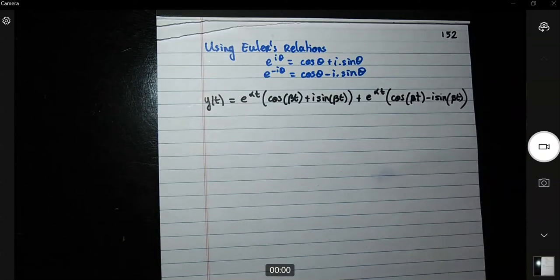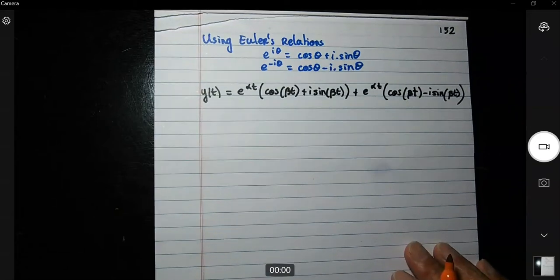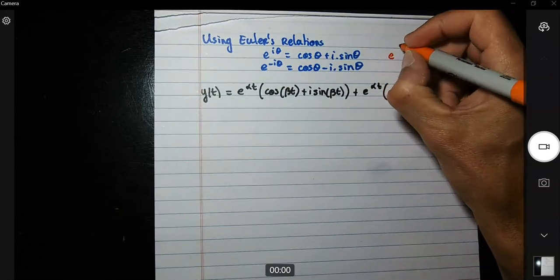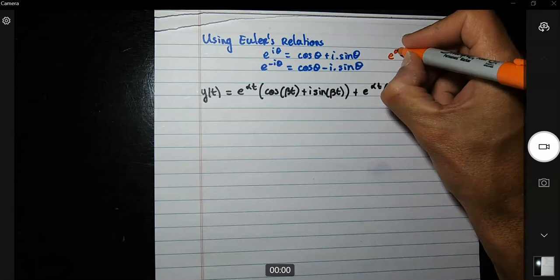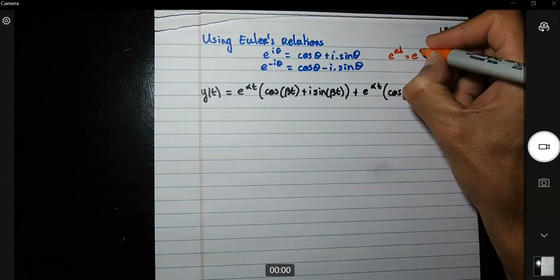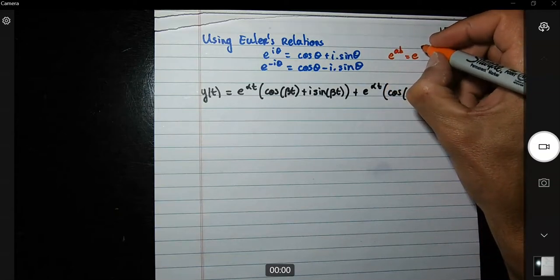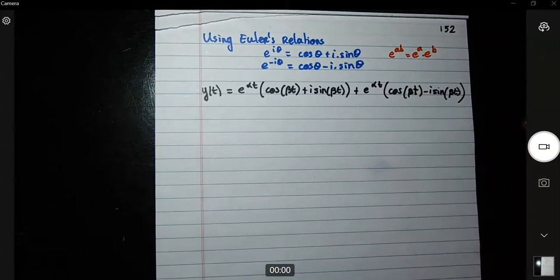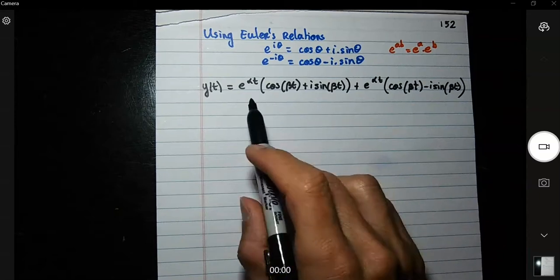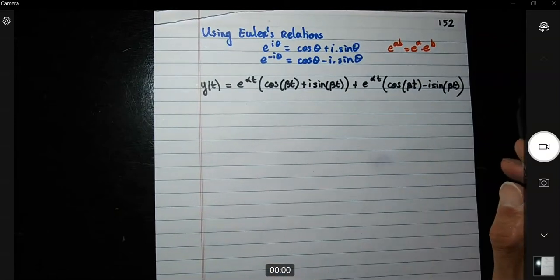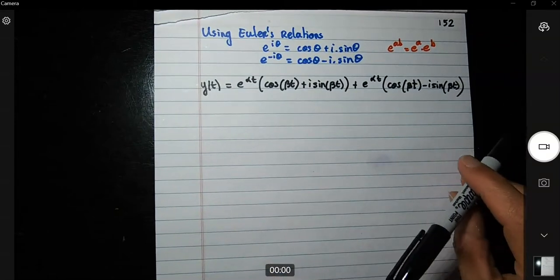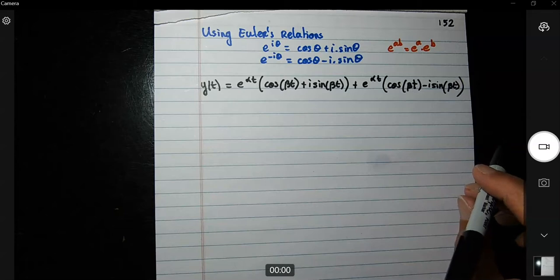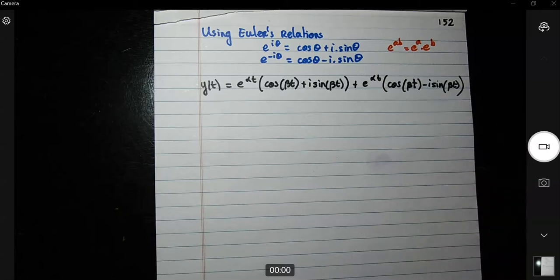Okay, maybe I should add here one thing. I'm sure you know that, but you know that e to the a plus b equals e to the a times e to the b, okay? Just in case I separated just this one here.